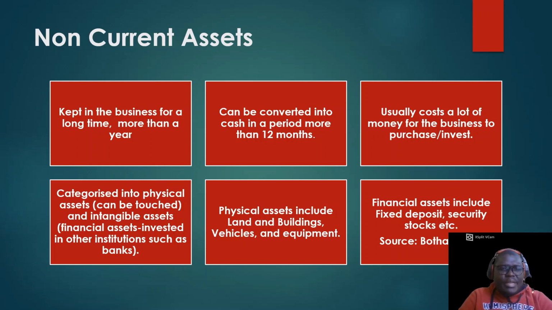And then one thing that we also need to remember is that non-current assets are divided into two categories. The first one is the physical assets. When we talk about physical assets, we are talking about assets that can be touched. You can think of something like a house, you can touch it. Something like a vehicle, a delivery truck, you can touch it.